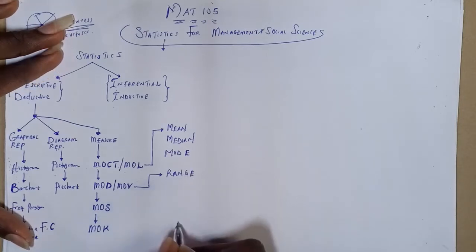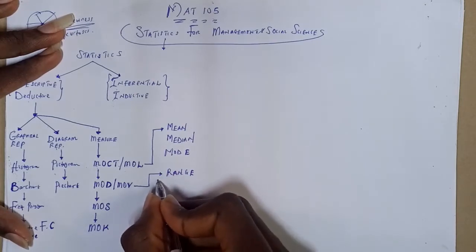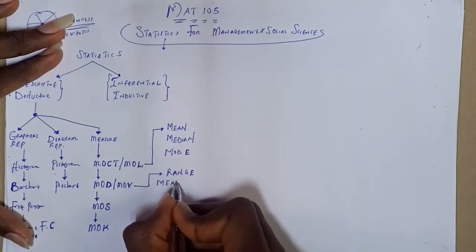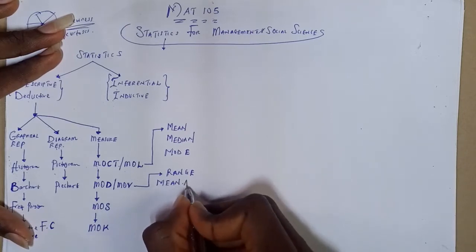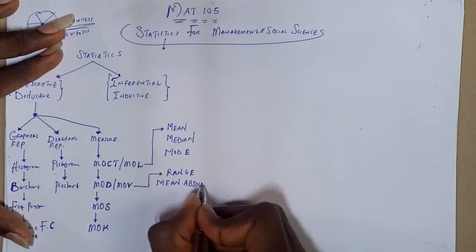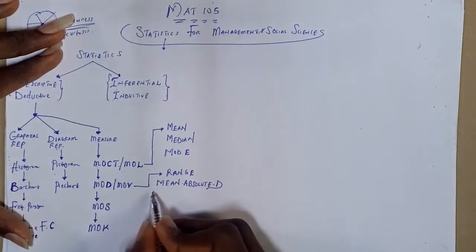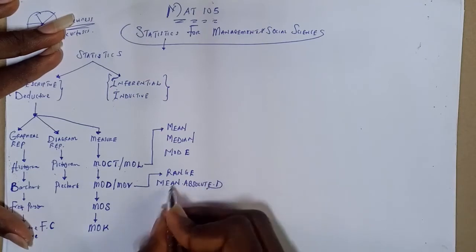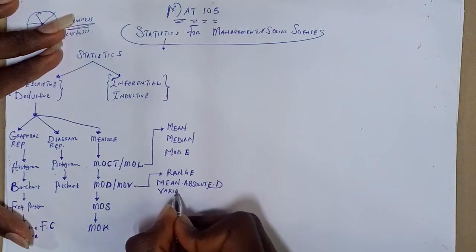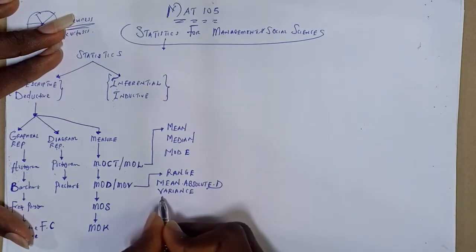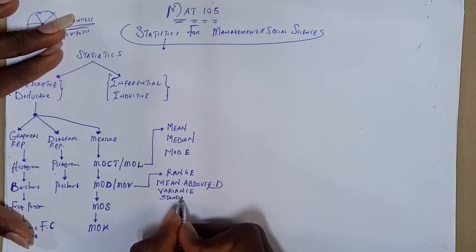Then after this, we have the mean deviation. Take note of that. The best way to write this is mean absolute deviation. Take note of that. And then after mean absolute deviation, we also have the variance. After the variance, we have the standard deviation.